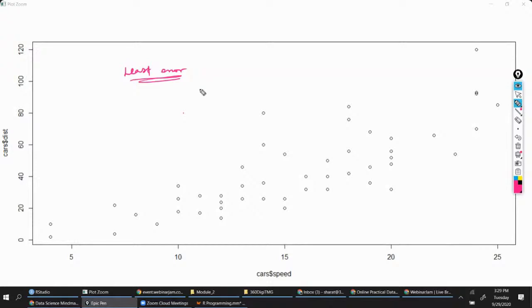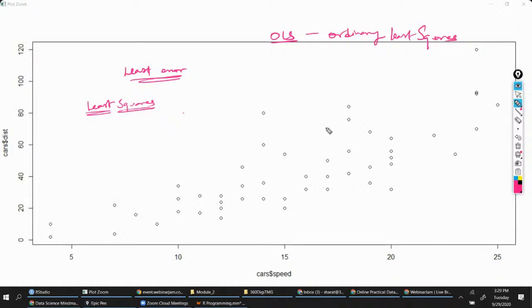right? So in order to measure the magnitude, we take squares. So what do I need? I need least squared values, least squares. So the process that we are trying to understand is called OLS, which is nothing but ordinary least squares.